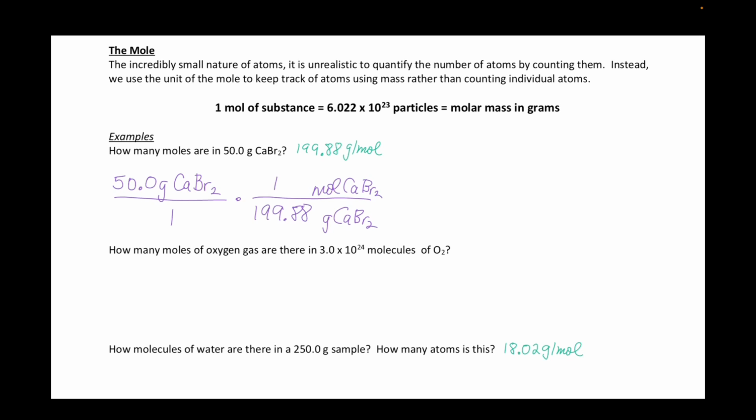I'm going to cancel, right? And then I'm going to solve. Okay, I'm going to take 50 divided by 199.88, which I think is 0.250 for my final answer. Am I remembering right? Okay. We want three significant figures. 0.250, this is moles.